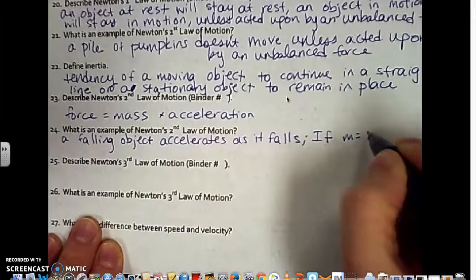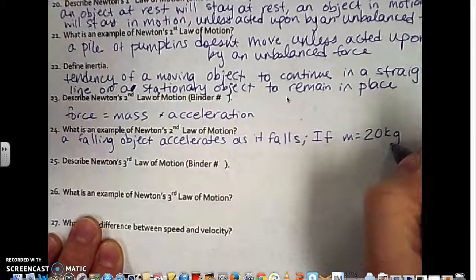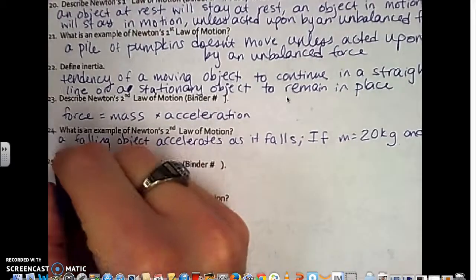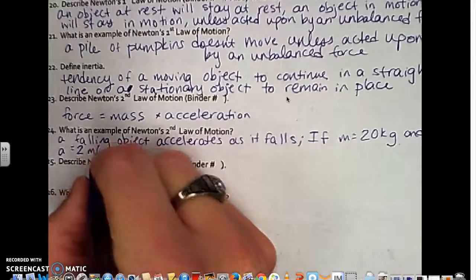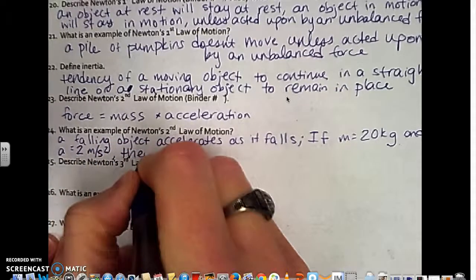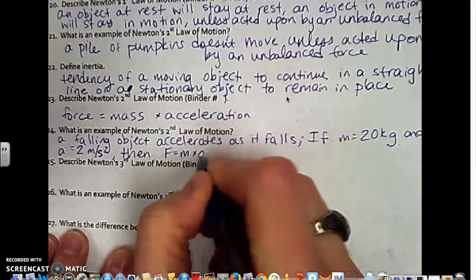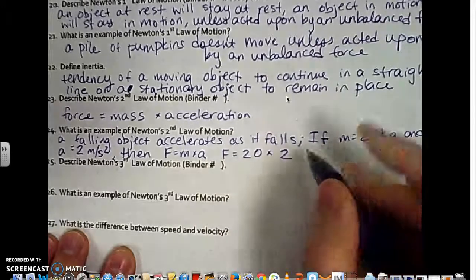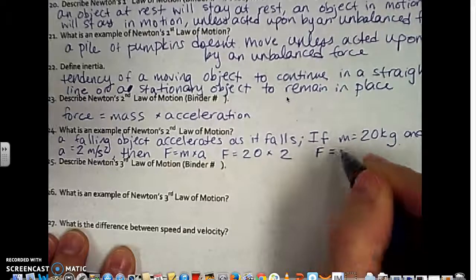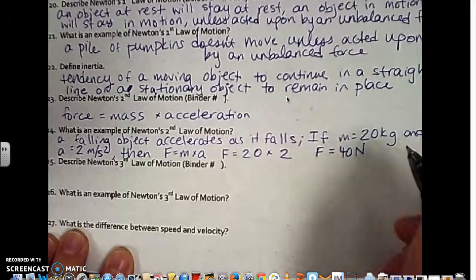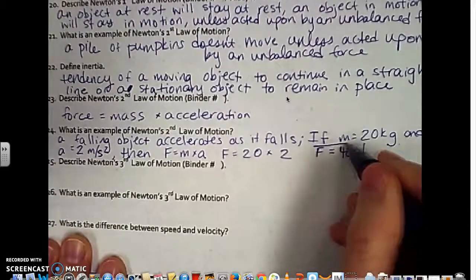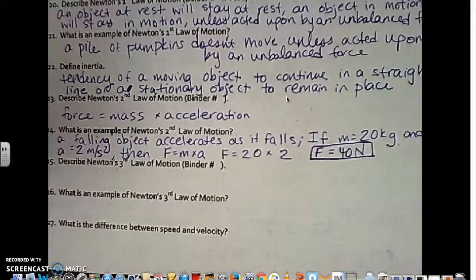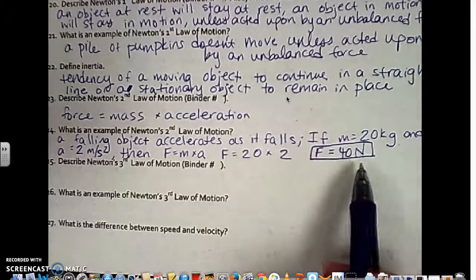If the mass equals 20 kilograms and acceleration equals 2 meters per second squared, then F equals m times a, where mass is 20 and acceleration is 2, so force equals 40 newtons. And it's very important that we understand that, like we said on the front of the paper, the SI unit for force is the Newton.